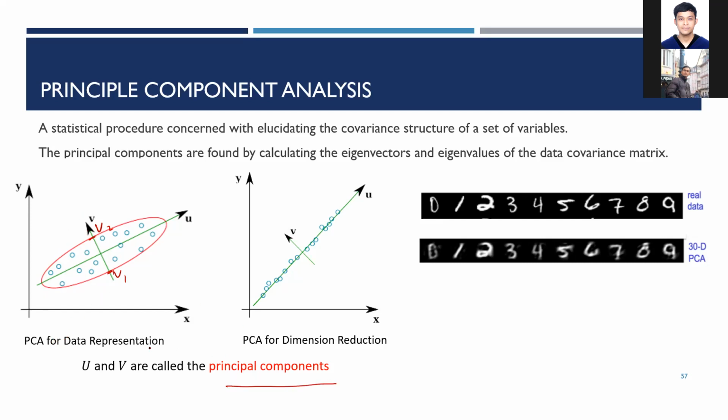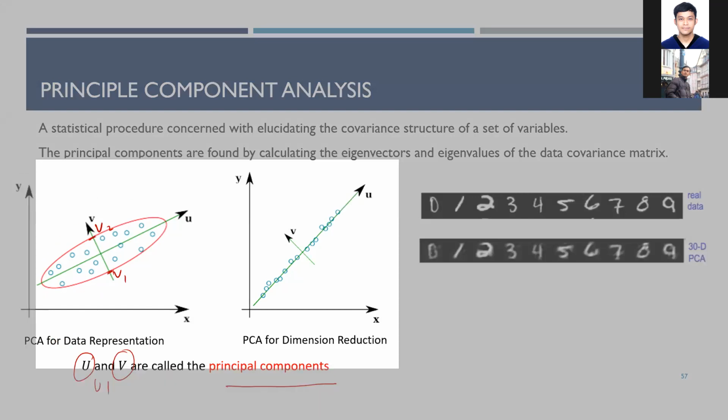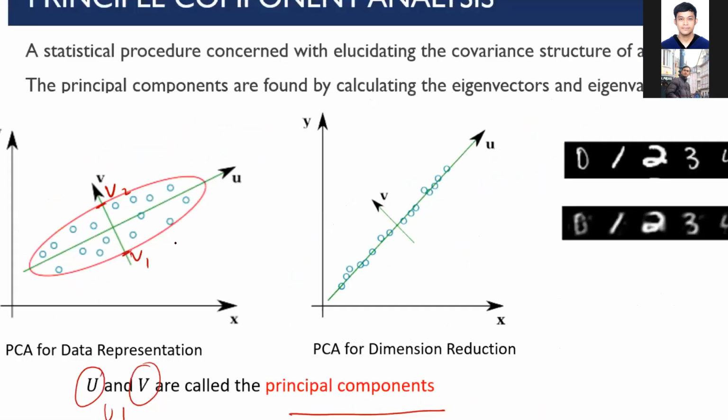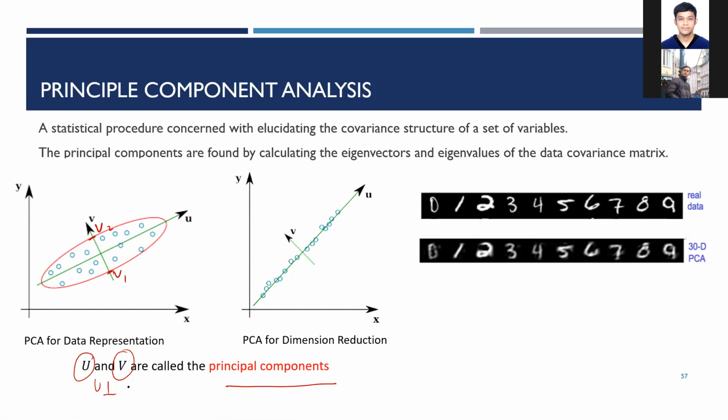Here the principal components are U and V, which represent the directions of the data. Of course, the U and V vectors are orthogonal to each other.